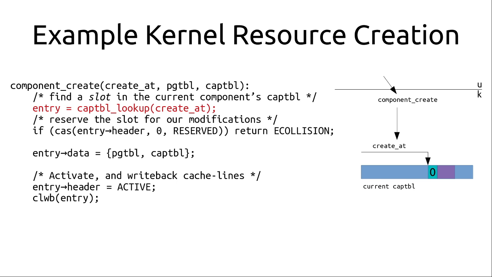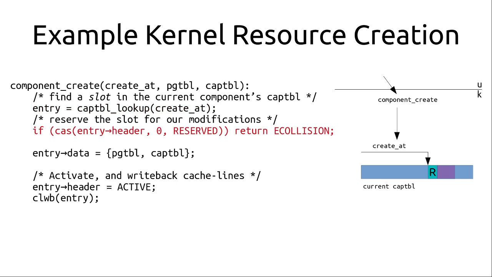So we offset into the capability table, as you see on the right, and we notice that the slot within this capability table, the storage within this capability table, has a header that is teal in the diagram. And we use a compare and swap, an in-memory compare and swap, to change that header from 0, which means that we can actually use it, that it's not currently used for anything, to a reserved value.